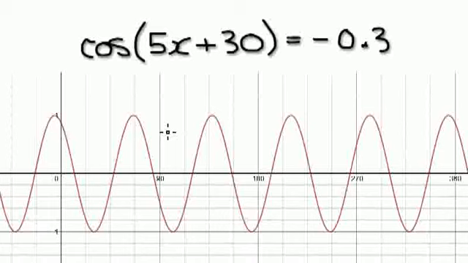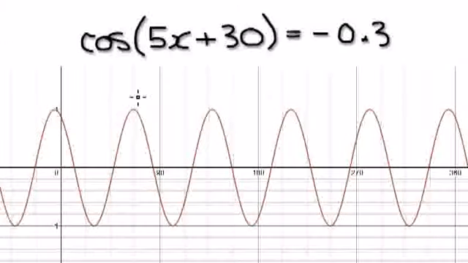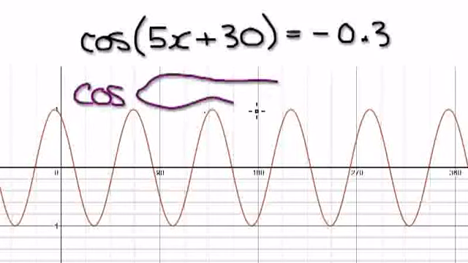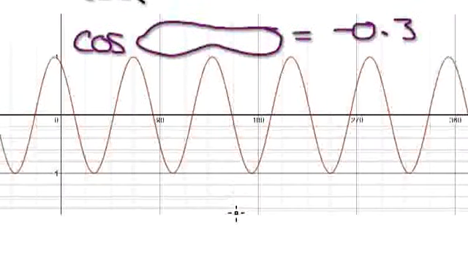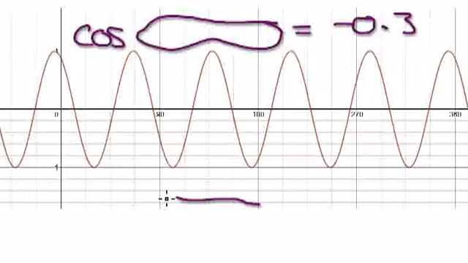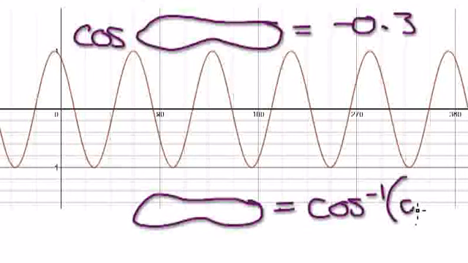To do this, let's visualize it as cos of bubble equals negative 0.3. So bubble equals inverse cos of negative 0.3.